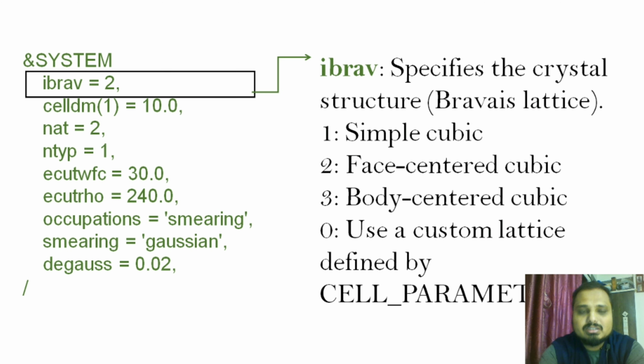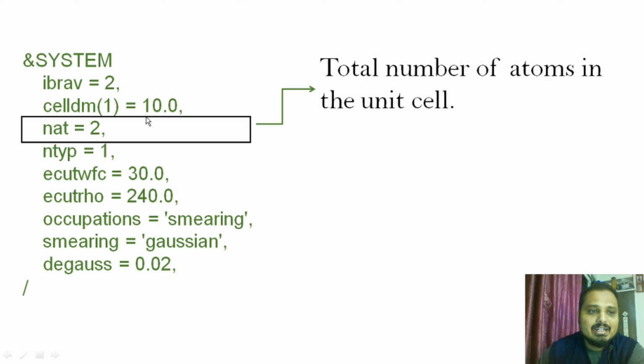Now next is nat. This number represents the total number of atoms in your unit cell, or how many atoms are in your structure. If we are using nickel oxide in a unit cell, we have 1 nickel atom and 1 oxygen atom, so we have to specify 2 over here.